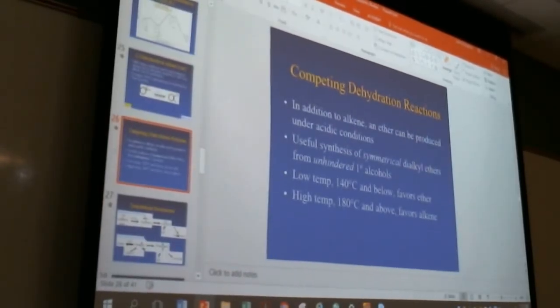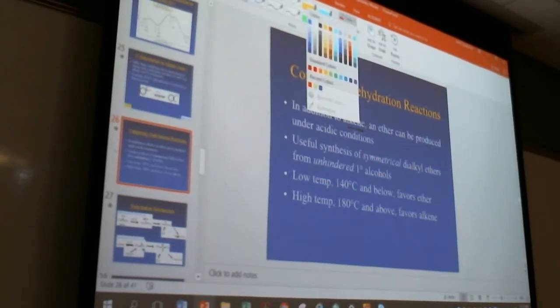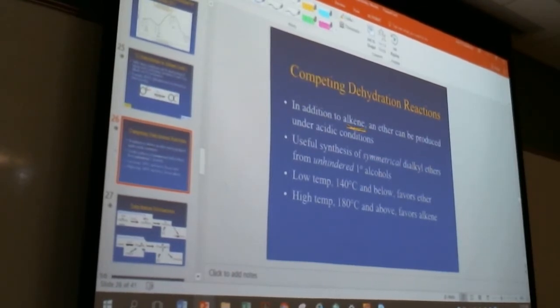And those are competing reactions, right? When you start with an alcohol, you can form, in addition to the alkene, you tend to form ethers as well. An ether is an oxygen with carbon on both sides.